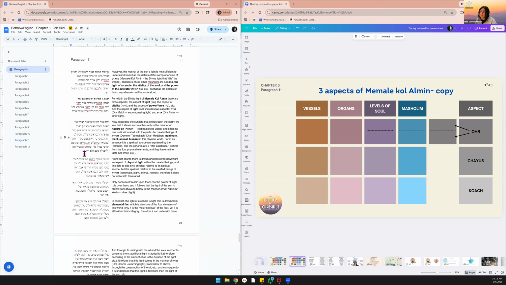Right, as Rambam explains, the spheres, all kinds of spheres of different planets and stars, are a fifth substance, a fifth matter, right, which is distinct from the four physical elements. And they have neither taste or smell, etc. So now when we have such a substance as sun shining upon the earth, that's a totally different substance. The earth has absolutely no equivalency of such matter being part of our world.